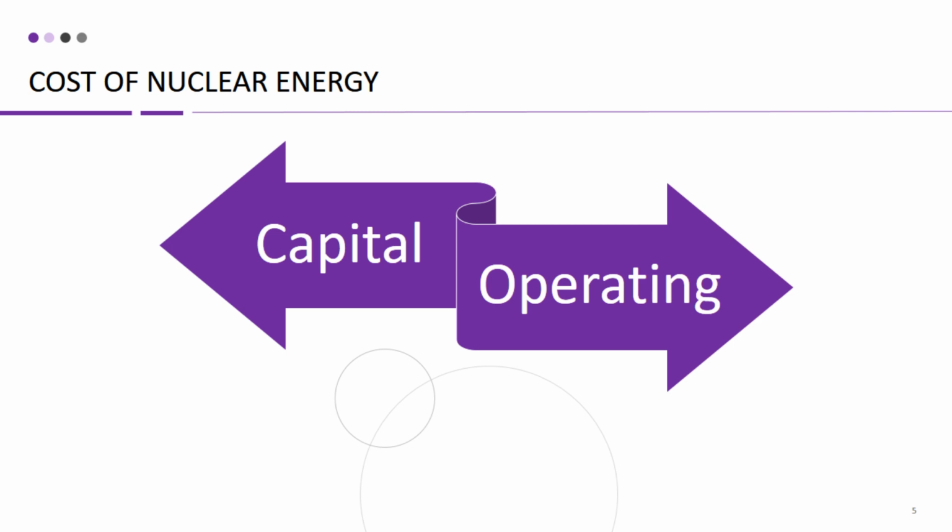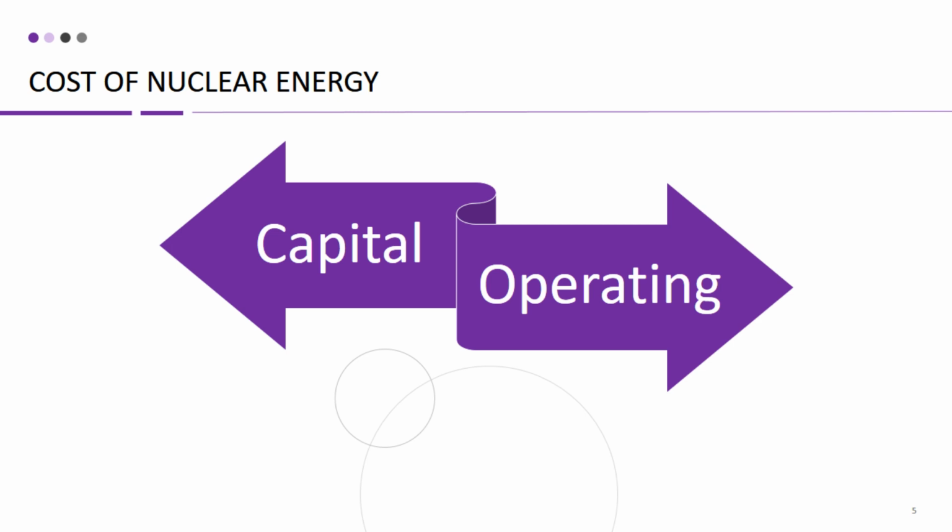In recent years, the cost of nuclear energy has become more competitive with other sources of energy due to improvements in technology and construction methods. However, the high upfront capital costs associated with building a nuclear power plant continue to be a barrier to new construction.